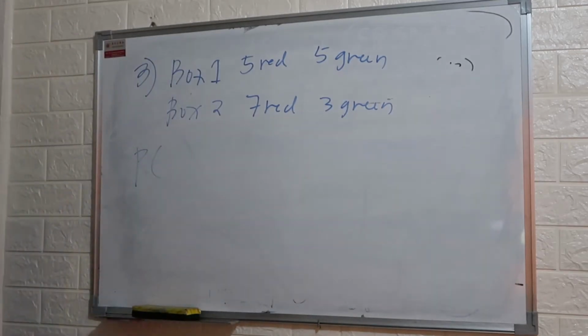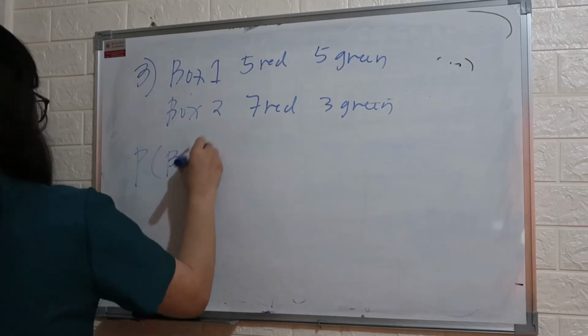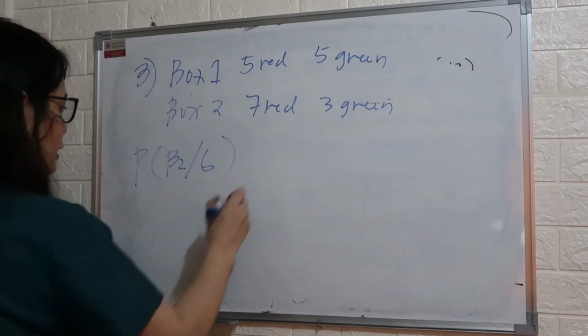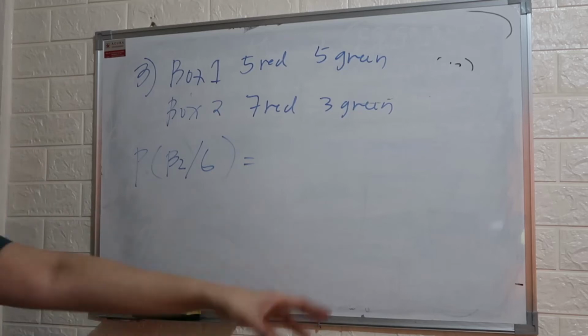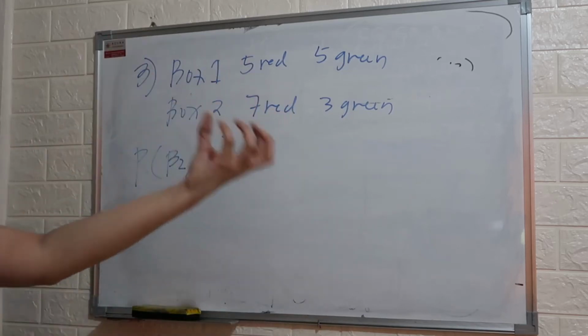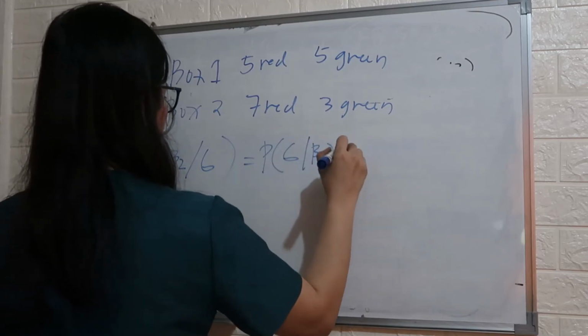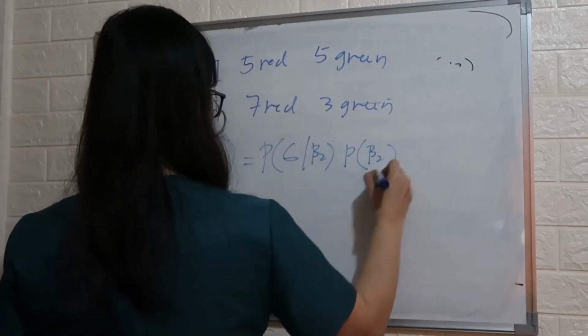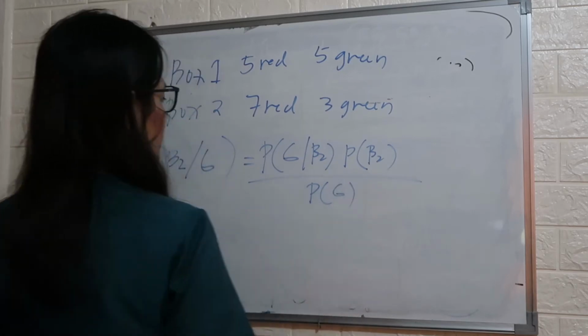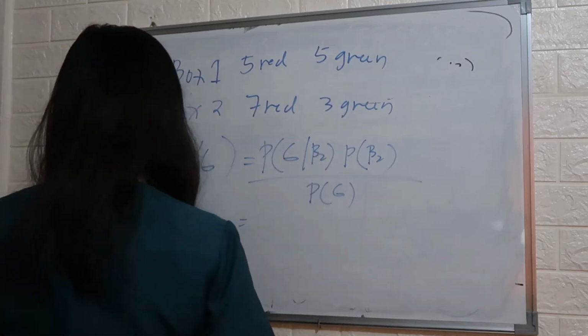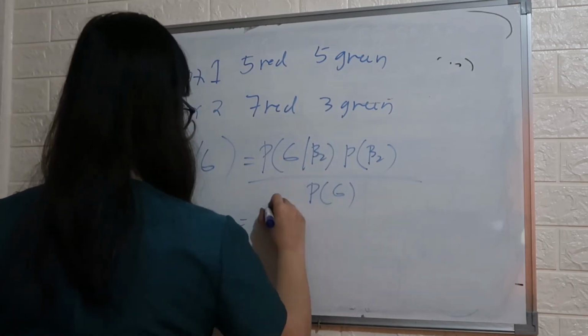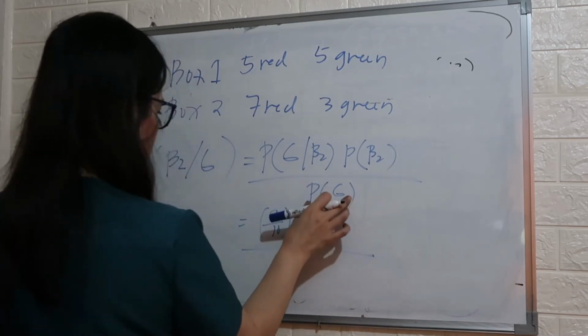Now next, what if it's in box 2? Box 2 given green. If you draw a ball and it's in box 2, but given that the ball is green. Same thing: the probability of getting green in box 2 multiplied by the probability of getting box 2 all over the probability of getting green. So we have 3/10 multiplied by 1/2 over the probability of getting green.